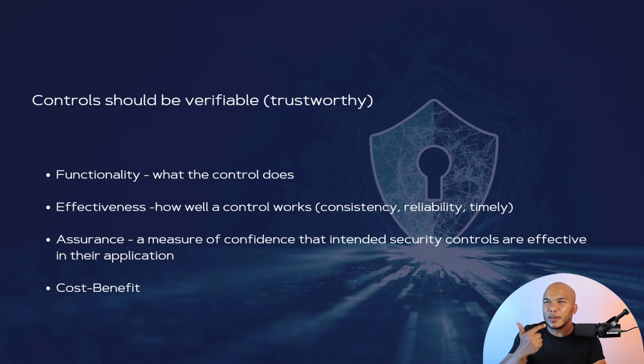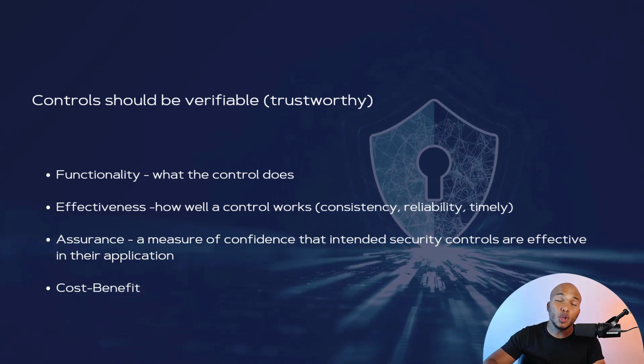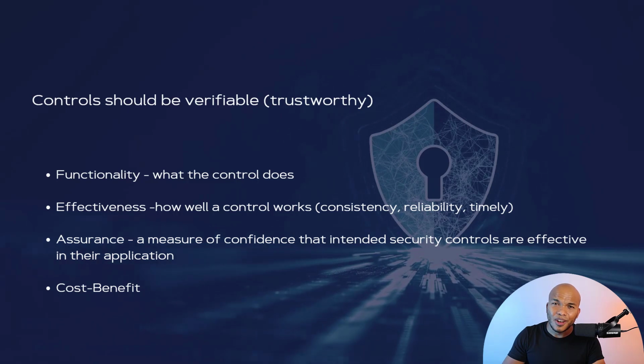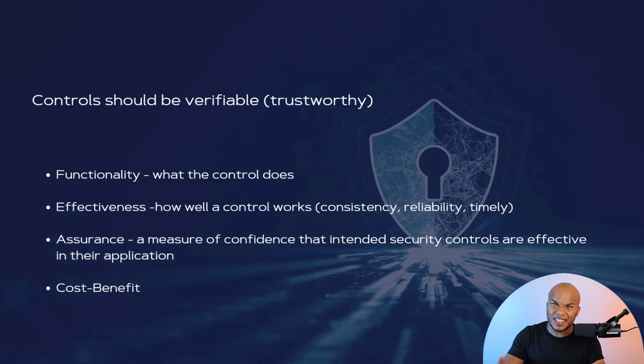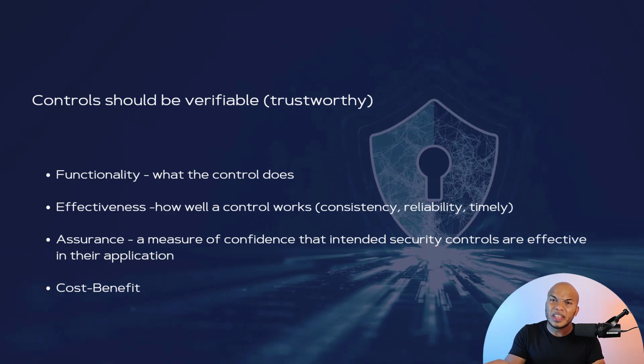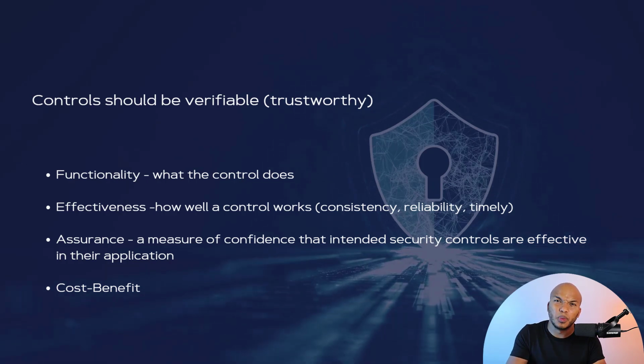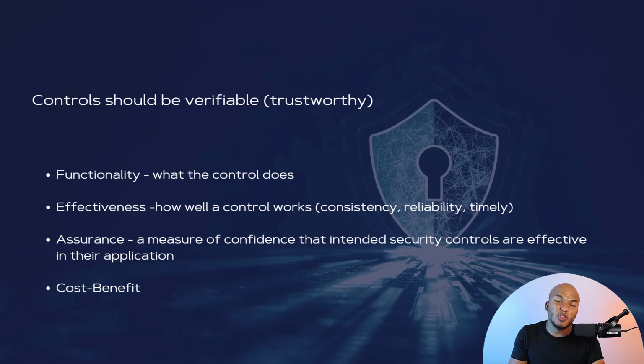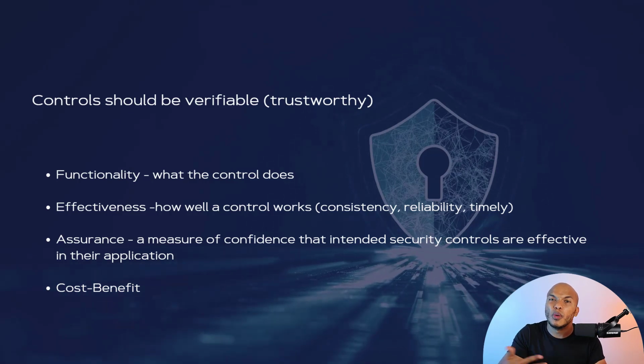Rather than eliminating that risk, they say the cost of eliminating this risk is going to far outweigh the negative impact if this risk was actually exploited. So in those scenarios, the company will just say, we'll accept the risk.